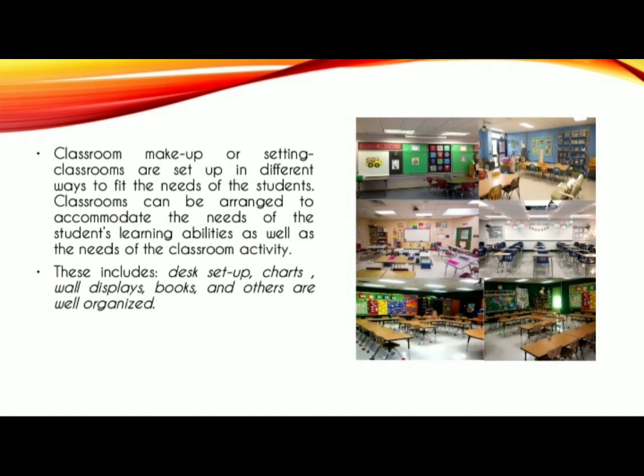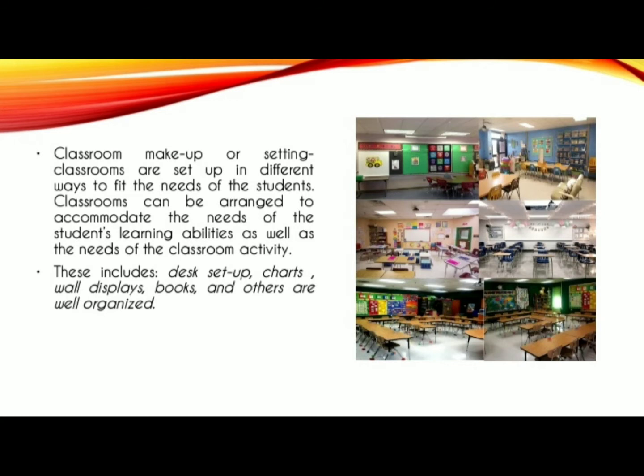Also, classroom makeup includes wall displays. This is very much applicable to the elementary level, especially kindergarten and onwards. The children like to see colorful objects. So, as a teacher, you must make your classroom colorful and engaging.